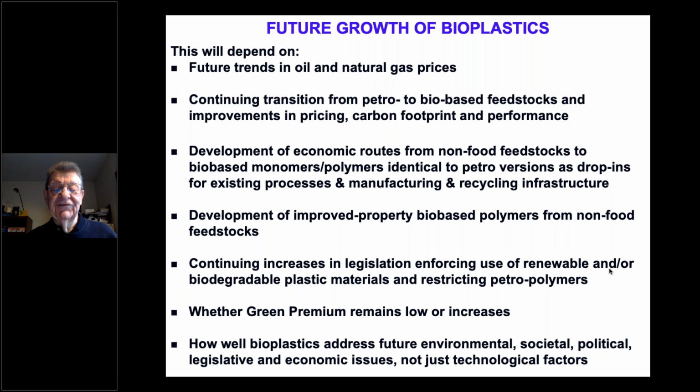Also whether there's going to be, as there almost certainly is, a continuing increase in legislation enforcing the use of renewable and/or biodegradable plastic materials and restricting petropolymers, whether the green premium remains as low as it is or if it increases, and finally, how well bioplastics address future environmental, societal, political, legislative, and economic issues, not just technological factors.